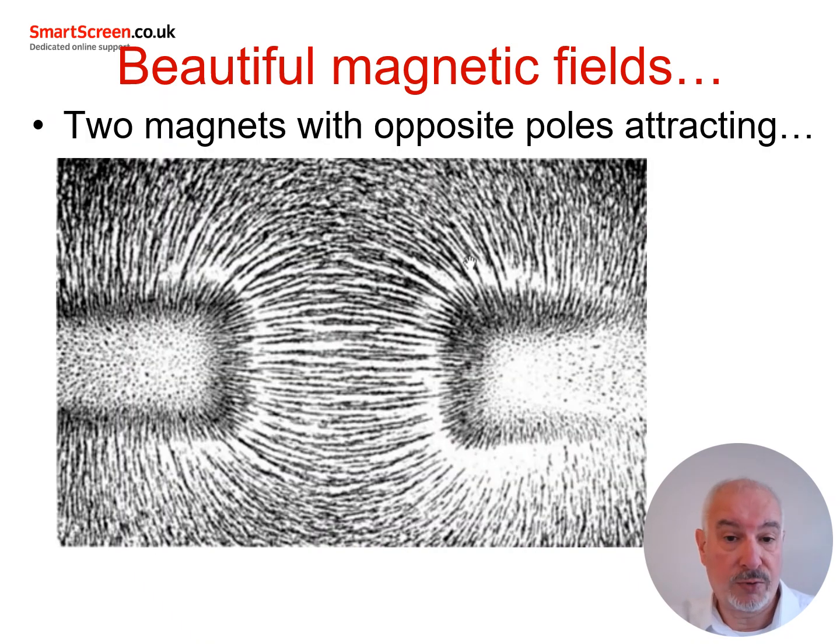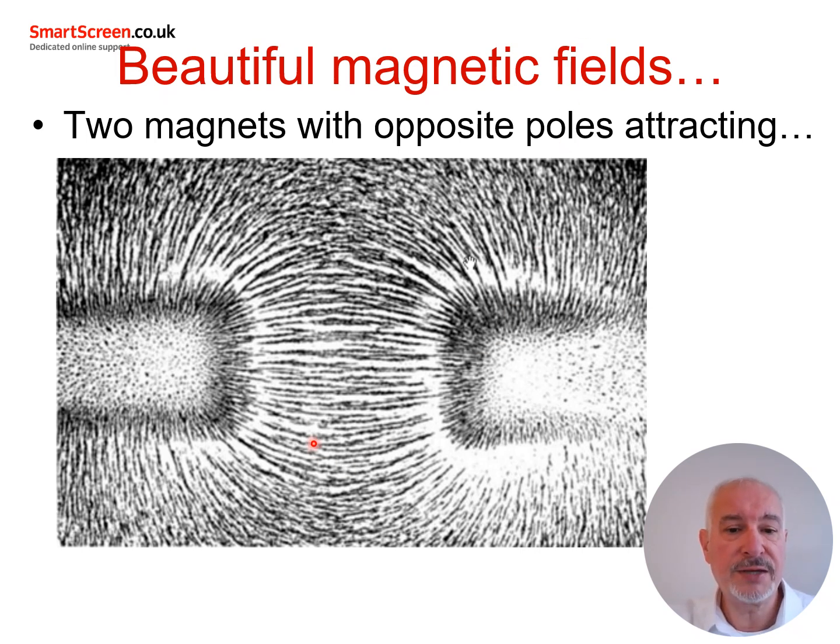Now in this example we've got two magnets, and the two magnets have been positioned so that the north pole of one magnet is facing the south pole of the other magnet. And one of the rules of magnetism is that opposite poles attract, and that's caused the magnetic field to be quite distinct here.